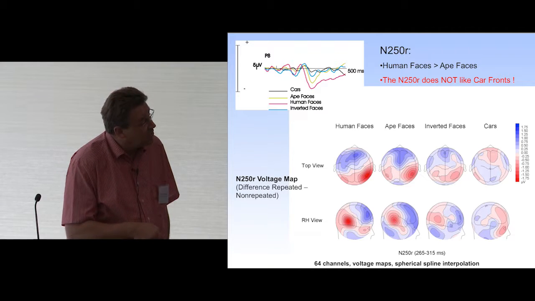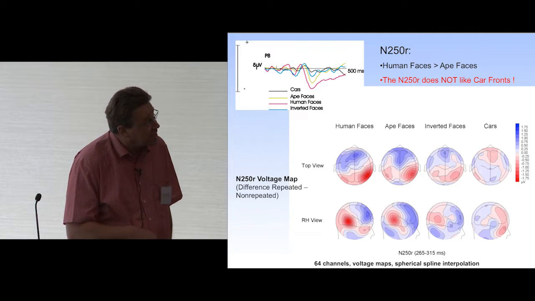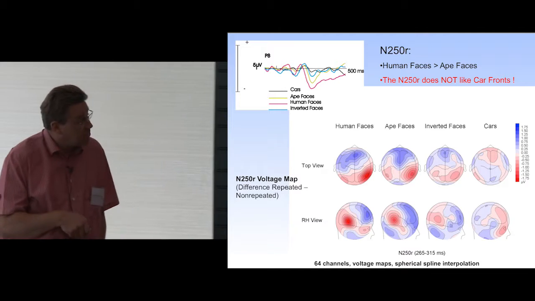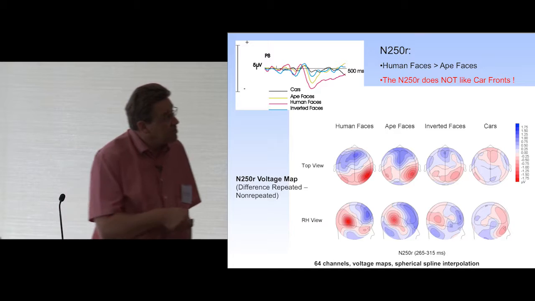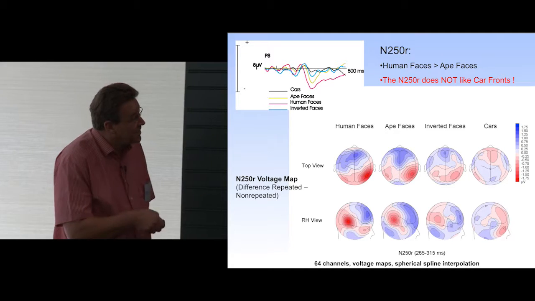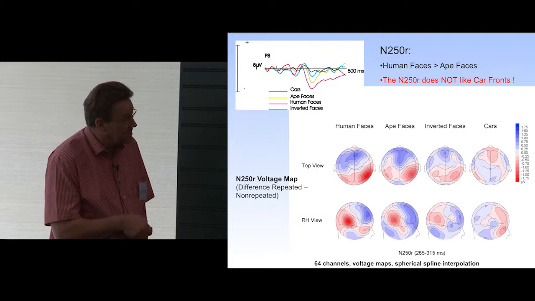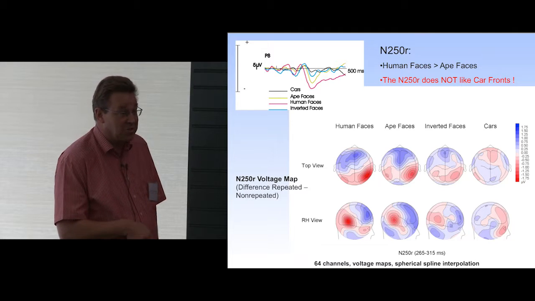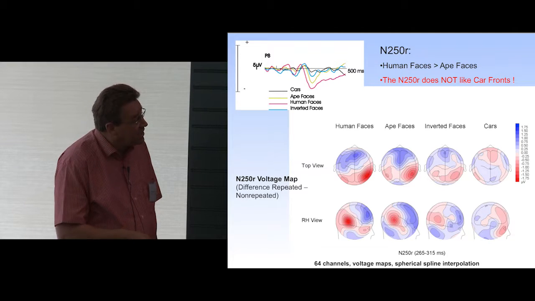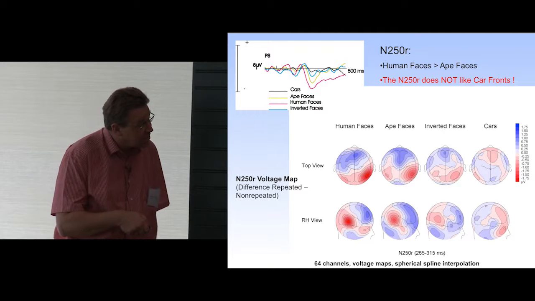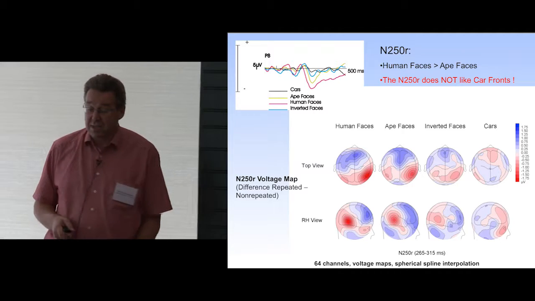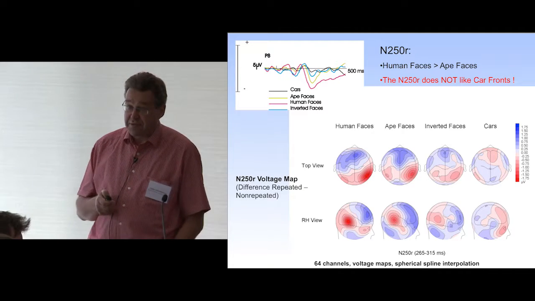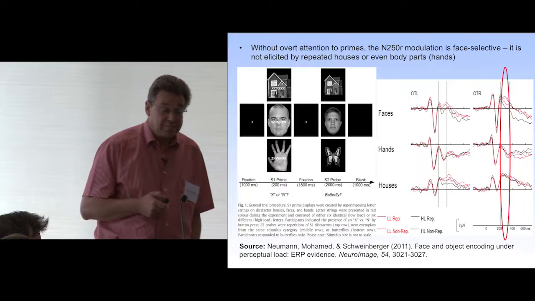And if you look at the topographies, you see that there is a strong right hemispheric ventral temporal effect for face repetitions, which, if you move to primate face stimuli, is reduced, but it seems to sit in the same place. For inverted faces, there's almost no repetition effect. There's a statistical trend here, which is suggestive. And for cars, there's absolutely no N250R repetition effect.